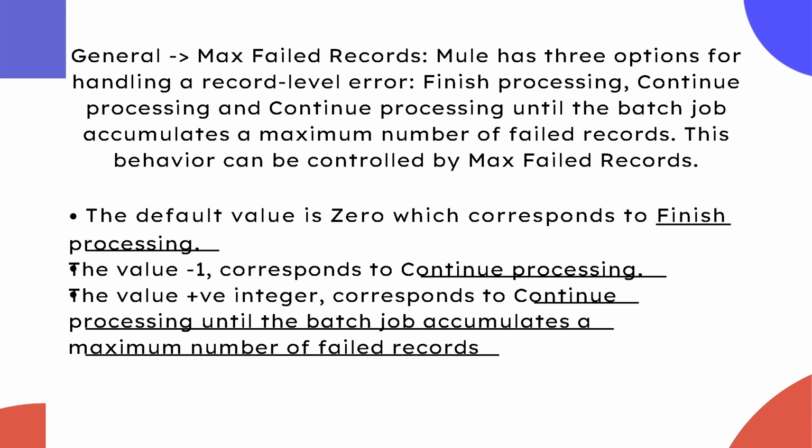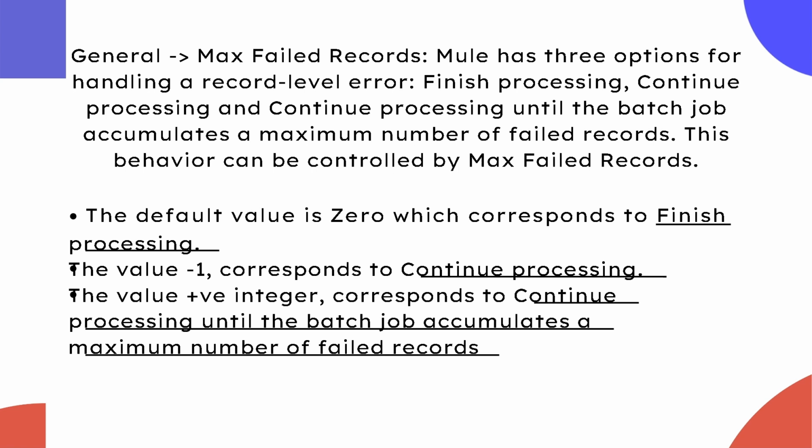And guys, let's say it has a positive integer, max failed record equal to 2, and we have passed 10 records in the input. Let's say the first 5 records are processed successfully, the sixth record throws an error in the first batch step, and the seventh record again throws an error in the first batch step.